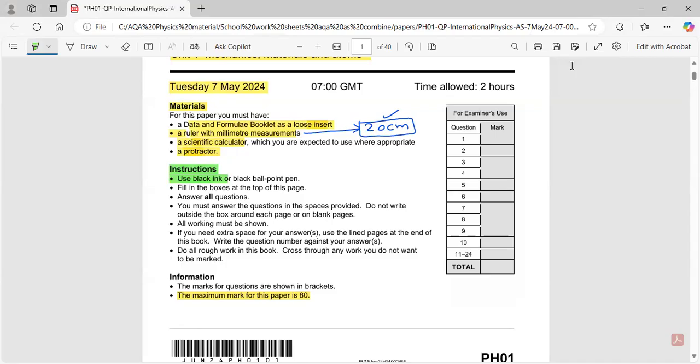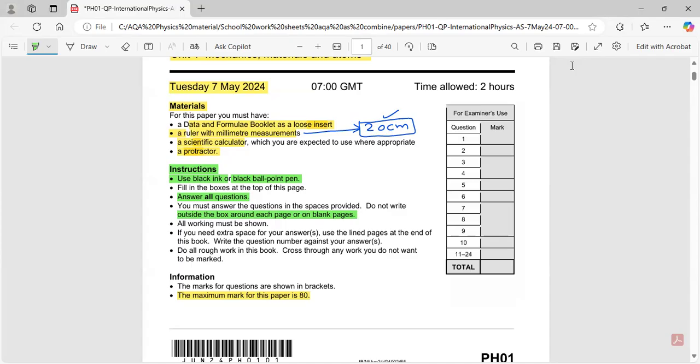This will be done before starting the paper. You have to use black ink only. This is important, only black ink. You have to answer all the questions, and you must answer in the space provided. Do not write outside the box around each page, or on the blank pages which are crossed, right?